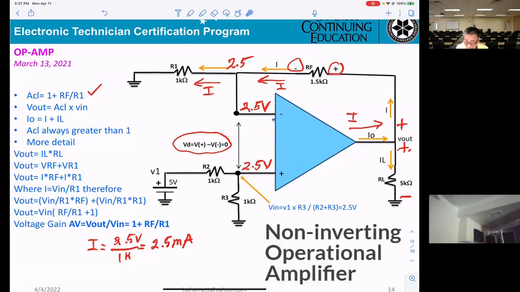I load is also coming out from the op amp, IL. In this situation we call it a source.